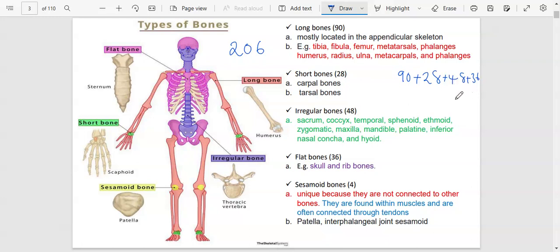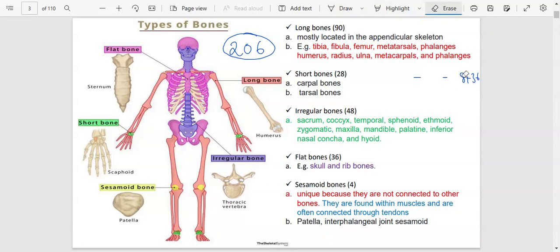This gives us a total of 206 bones found in an adult human being.